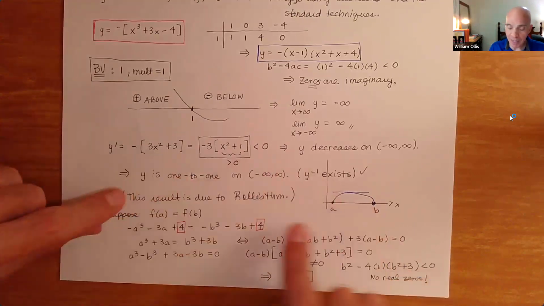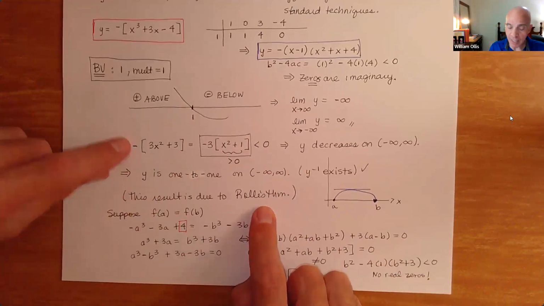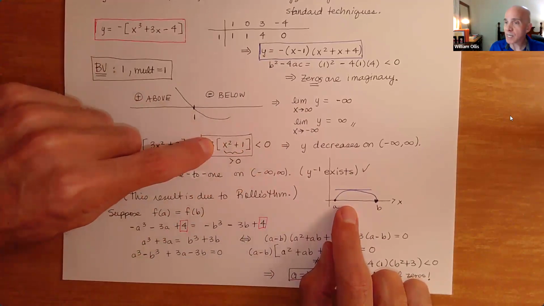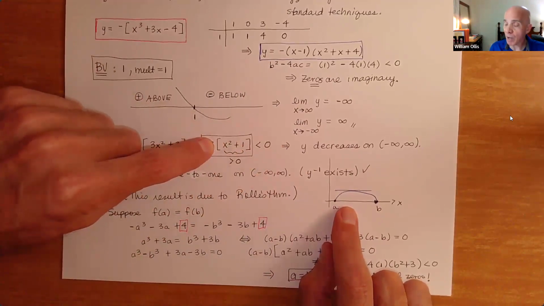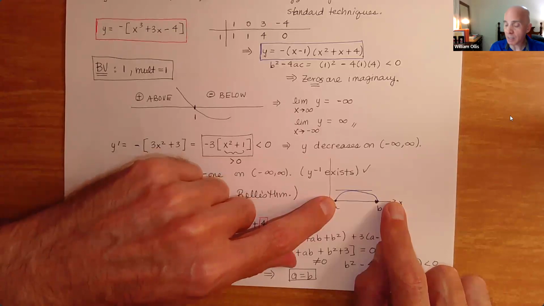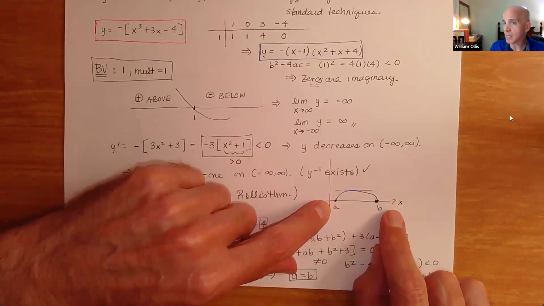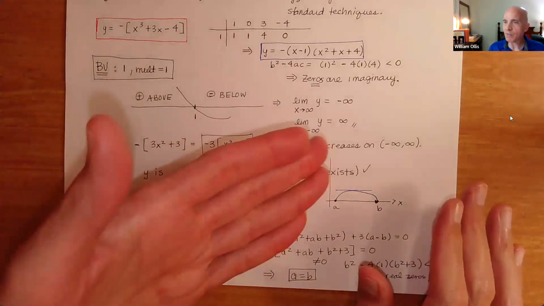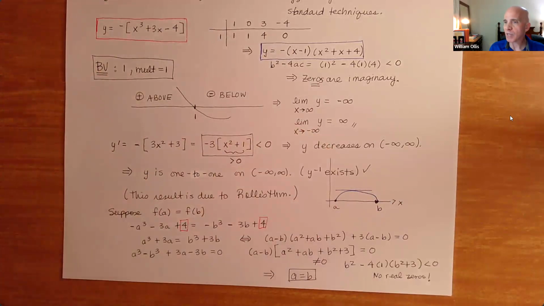Okay, so if we made that assumption for this function, then this would have to say that the derivative would necessarily be 0 at a point intermediate between the 2 zeros that we're saying exist for the function. Well, there's no way it can be that way. So the idea is that if you're saying that a function is not 1-to-1, you use the fact that the derivative is never 0 to counter that.